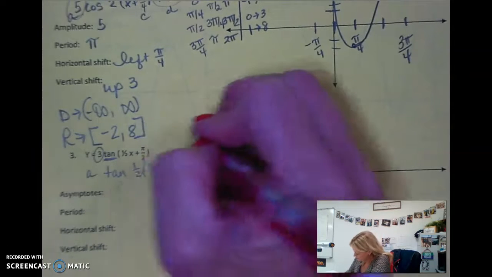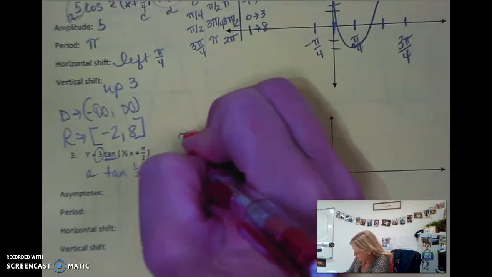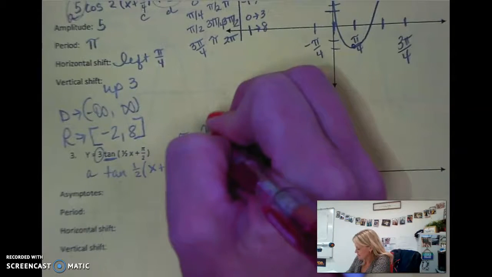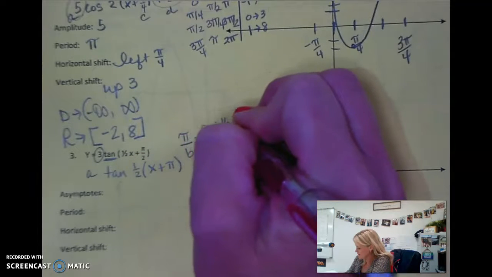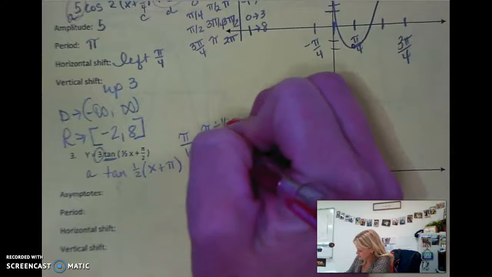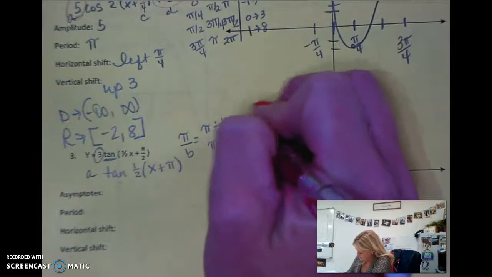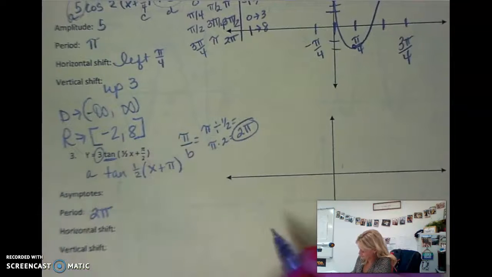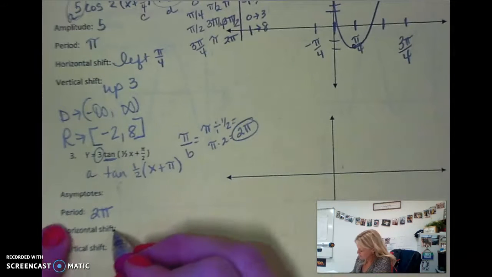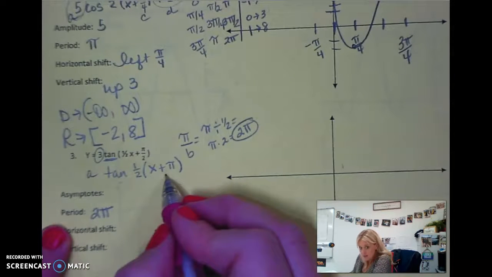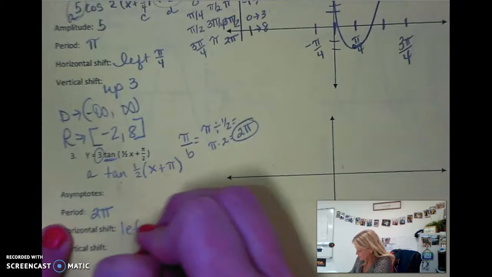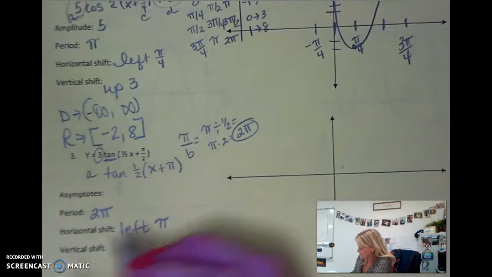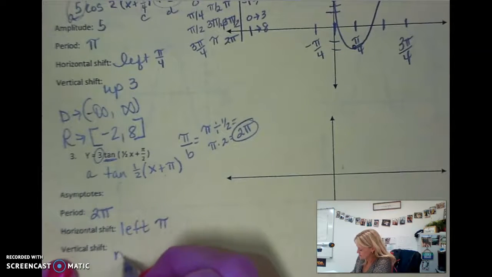So my period normally is pi over b, pi divided by 1/2, which is the same as pi times 2. So this time my period is going to be 2 pi. It's going to shift horizontally opposite, so left a pi, and the vertical shift is none.